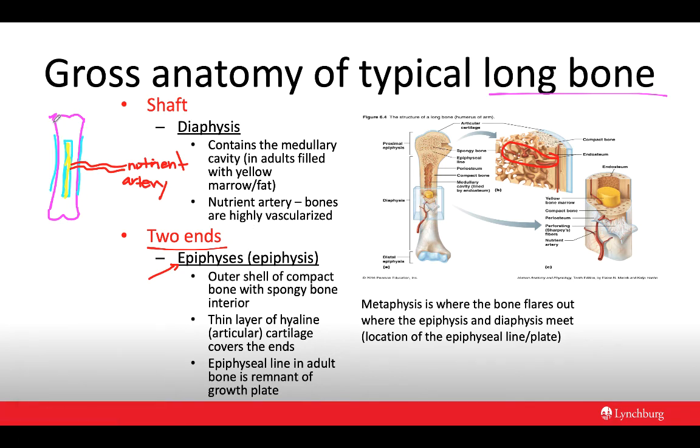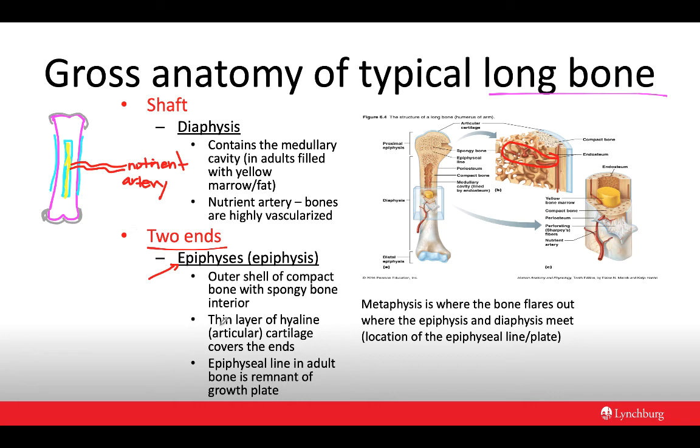This end here is going to be an epiphysis, okay? And let's say that this is our proximal epiphysis, so we can get a little more detailed. This would be the top part closer to where it attaches to our body. And then this would be our distal epiphysis here, okay? So that's going to be the end of the bone, right?